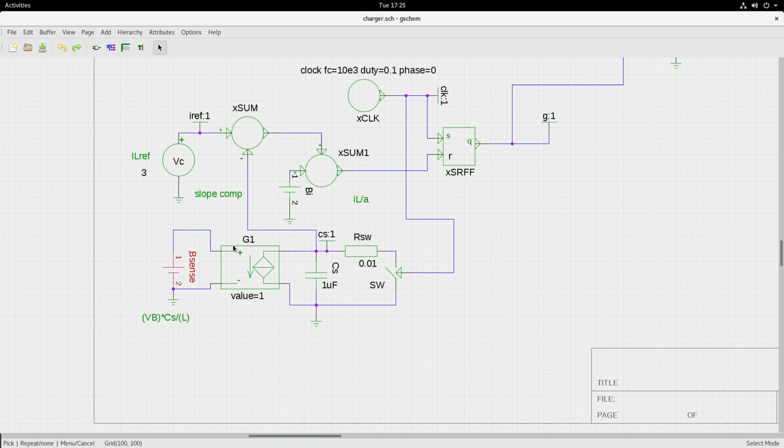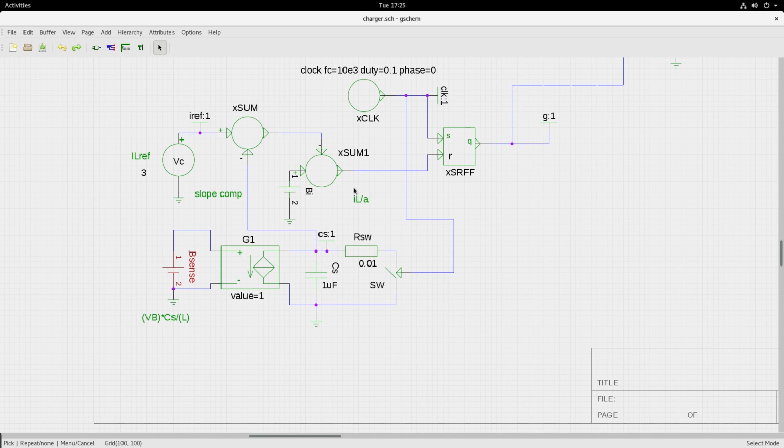Now this voltage will drive this voltage controlled current source. There will be a current coming out through this, charging up this capacitor. If you monitor the potential here, you will get the voltage equivalent of I slope.